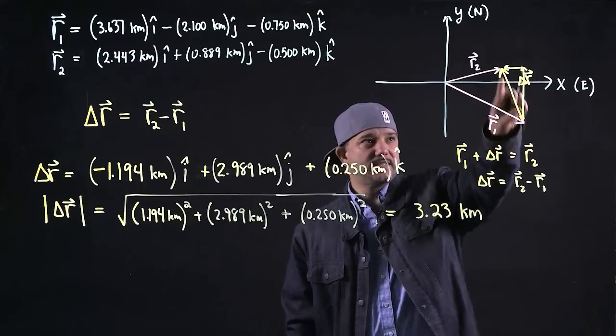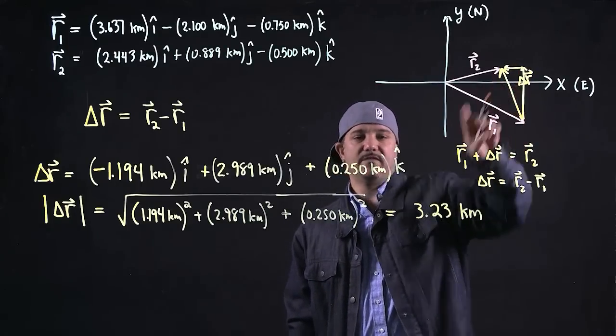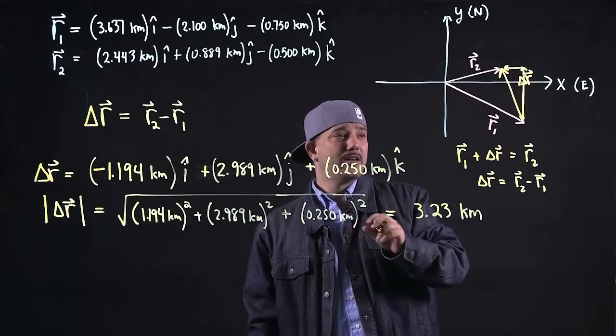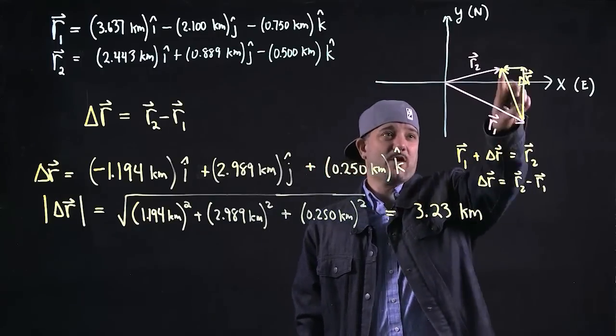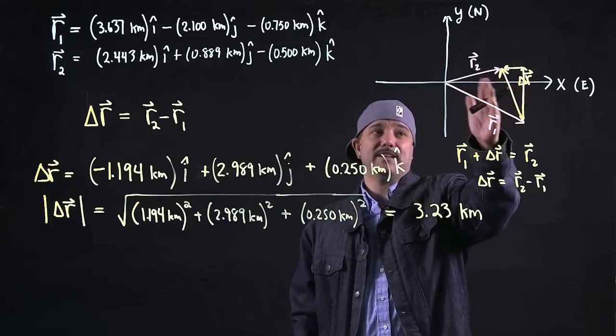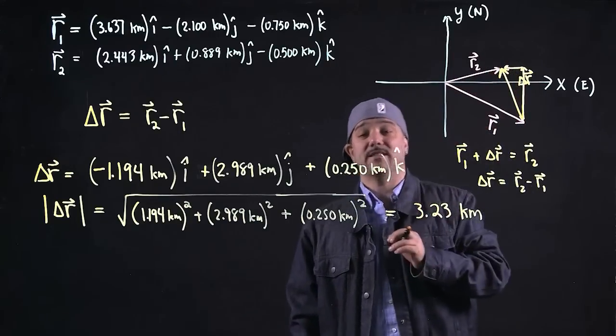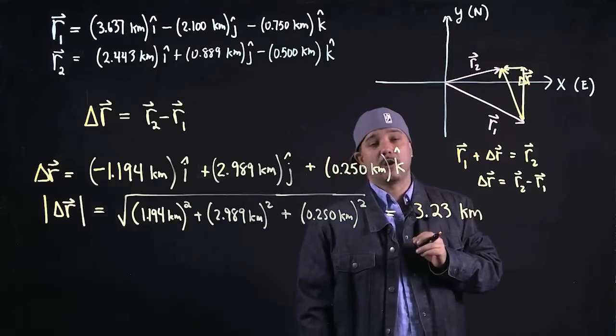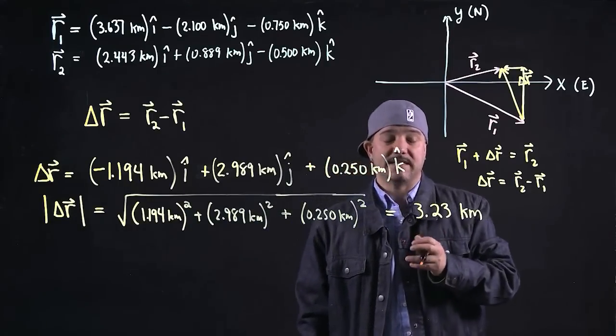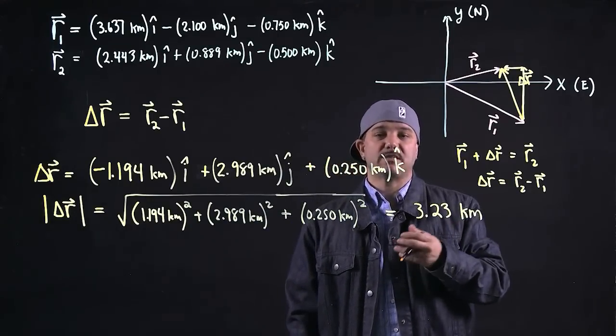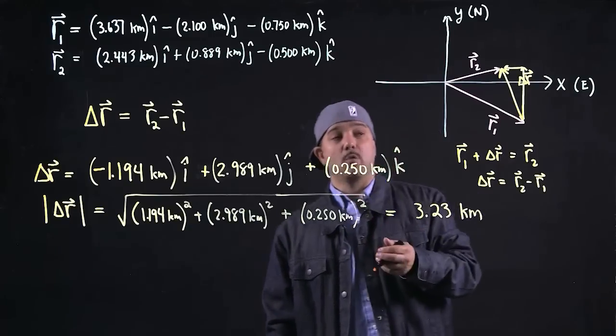Here we can see this is our arrow, this is our displacement vector. Before we get to the math, we can estimate it. First of all, we can see right off the bat that it is pointing mostly northward, but a little bit west of north. So we're going to expect some small angle west of north.